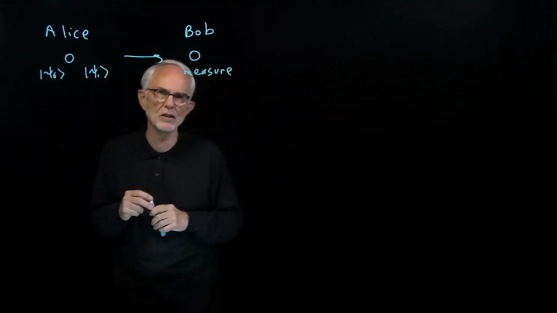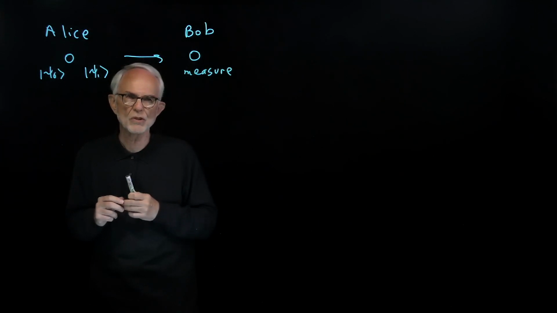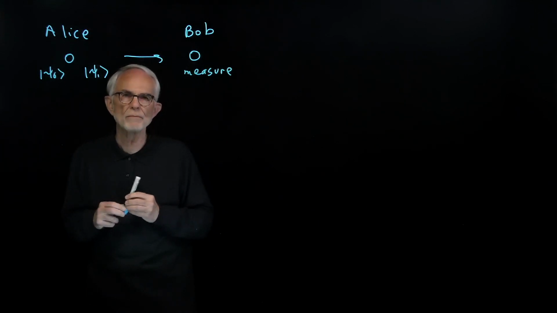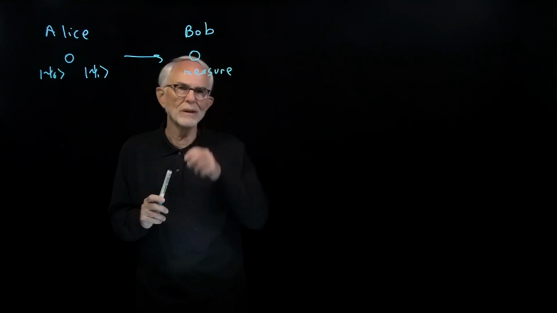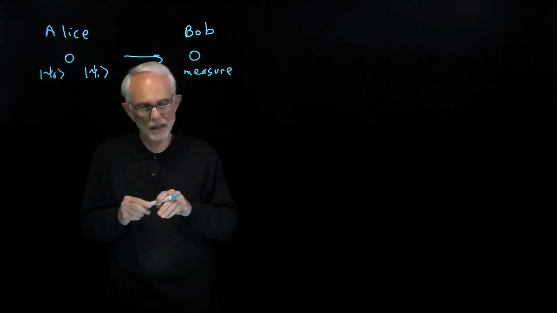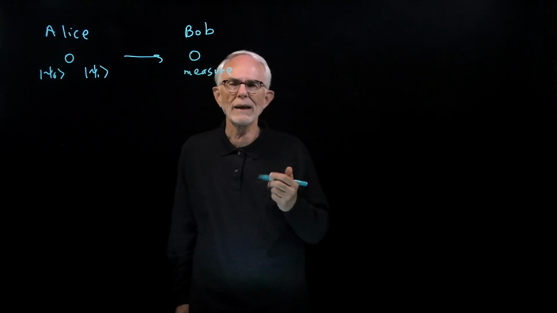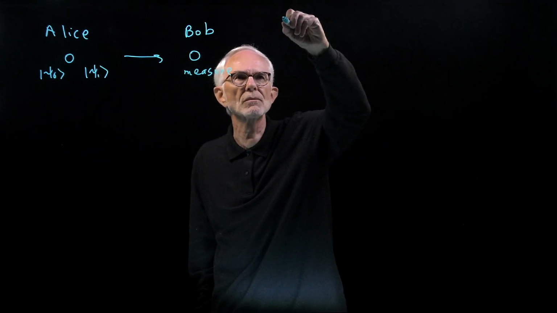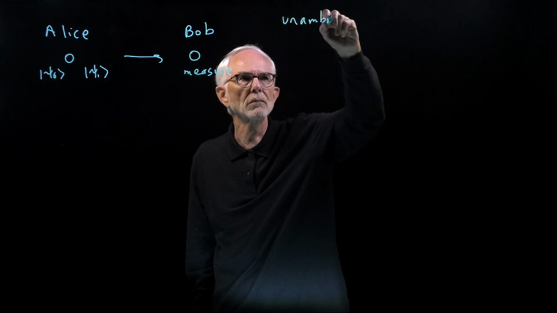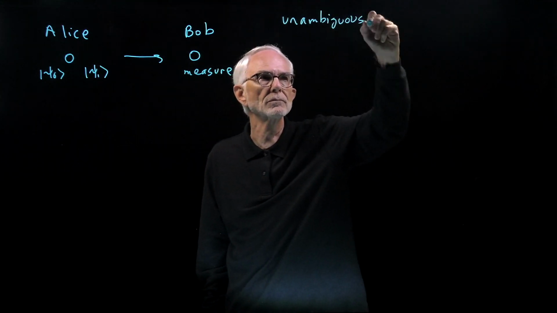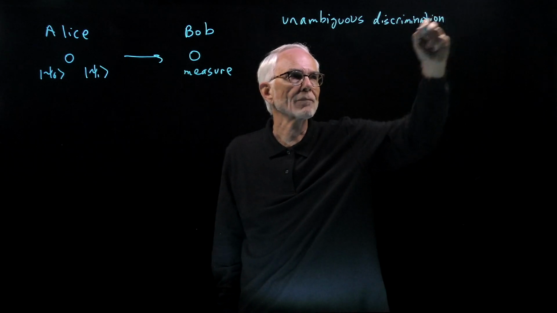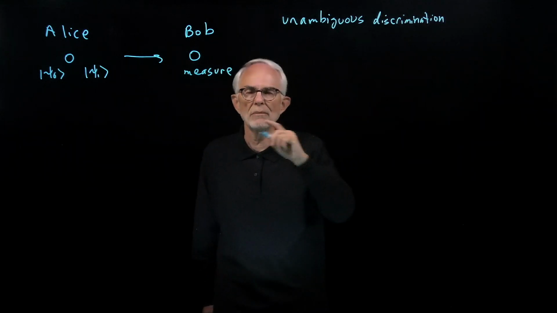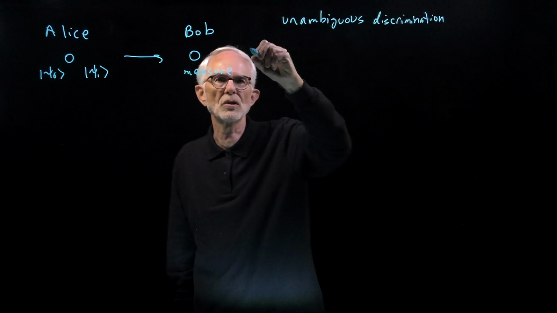So that's one strategy. Now, unambiguous discrimination is a different one. In unambiguous discrimination, Bob does a measurement, but he never makes an error. So what happens? In the unambiguous case, Bob makes a measurement. He gets one of three results.